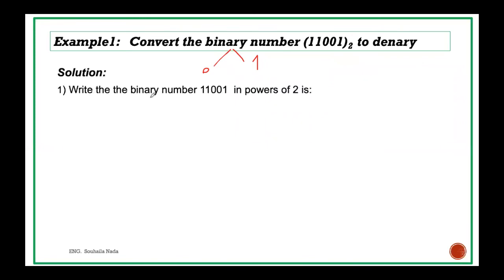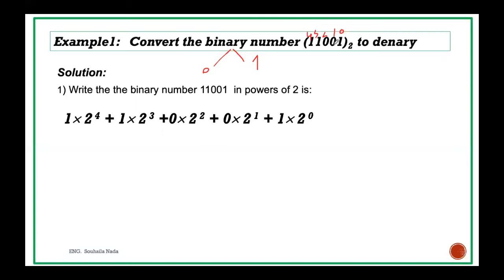Step 1: write the binary number in powers of 2, as the value multiplied by the base to the power of the position. Here is 1 in position 0, then positions 1, 2, 3, and 4. We have 5 digits, so the positions start from 0 and end with 4.